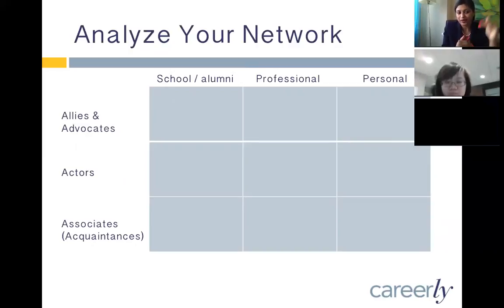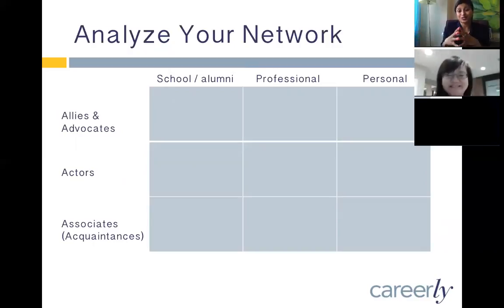That's where the big jump happens. And then associates is the other category I like to cover. You can add a few acquaintances in there, which is why I put it in parentheses, but I'm not too worried about the acquaintances.